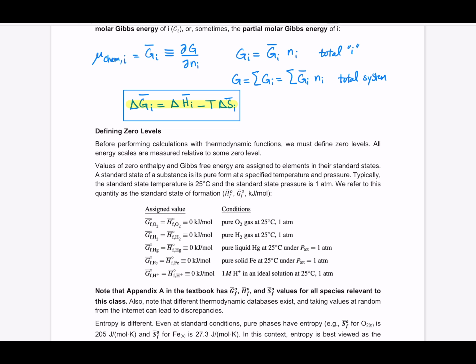So for example, here for oxygen, it has to be pure oxygen gas at 25 degrees and 1 atmosphere. At that level, we call this the standard condition. So this is basically the new symbol you see per mole for species I, which is O2 in this case, and it would be equal to 0. So that's basically the ground level.